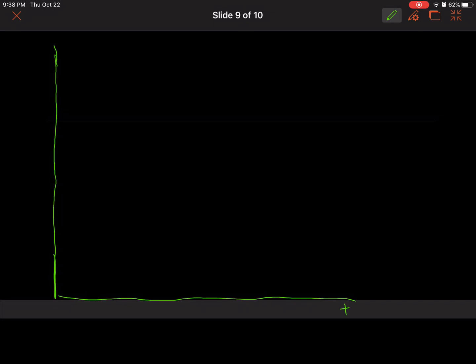So this is the time axis again, in seconds, hopefully. I'm not going to write that down just to save time. Velocity. This was V initial. This was V final.